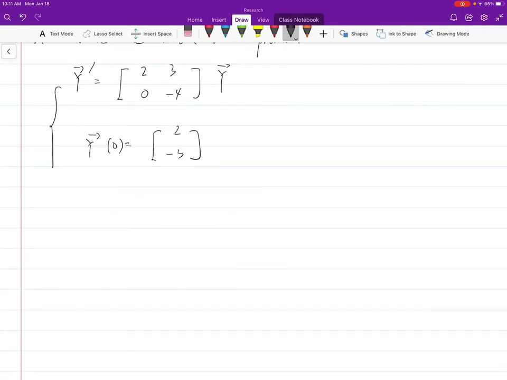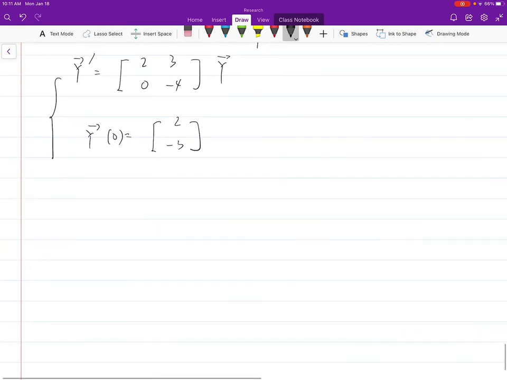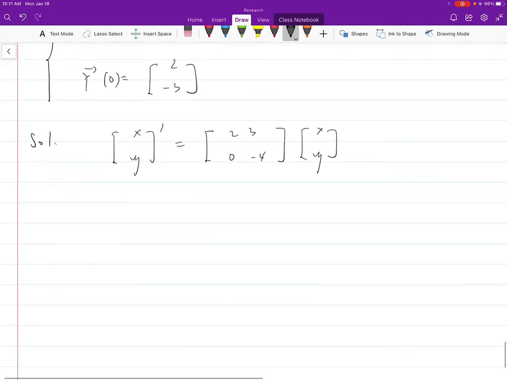Let's solve this initial value problem. We are supposed to have two general constants C1 and C2 when we solve the first one to get the general solution, and then we plug in the initial value to solve for the two constants. That will be the process. Okay, so the first thing we want to do is, since we don't know how to solve it using matrix yet, we will know it later, we need to write it out as a decoupled system, partially decoupled system.